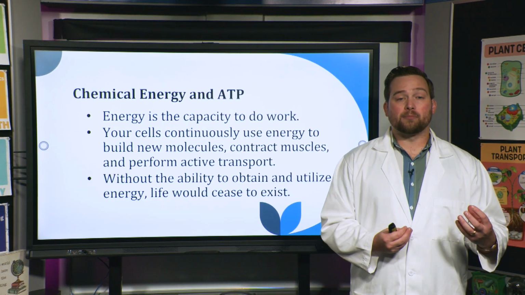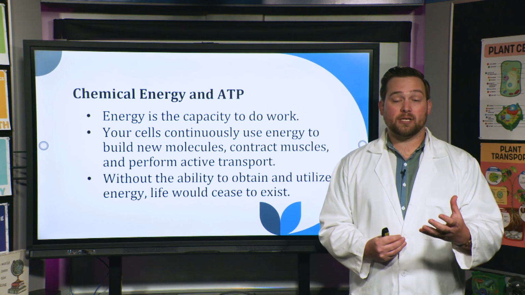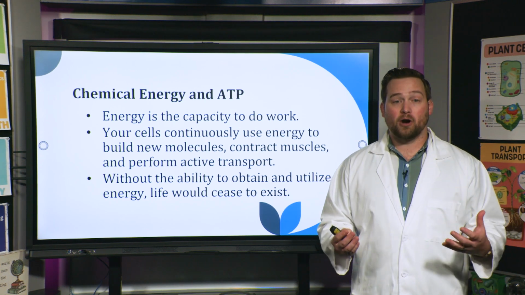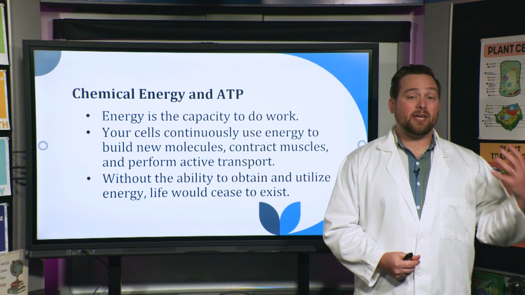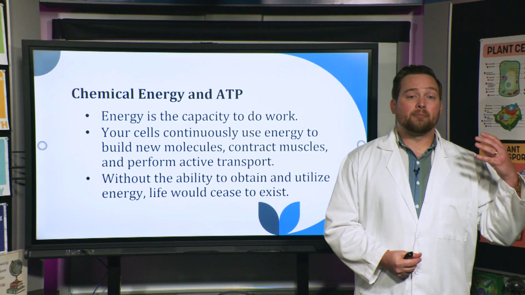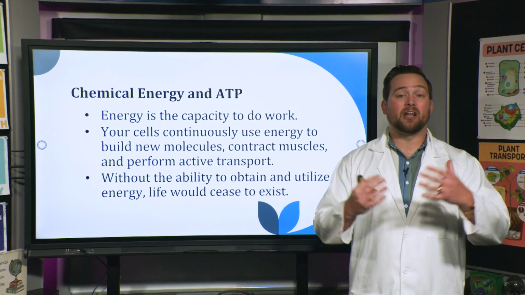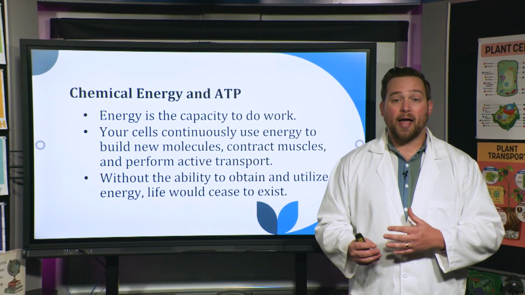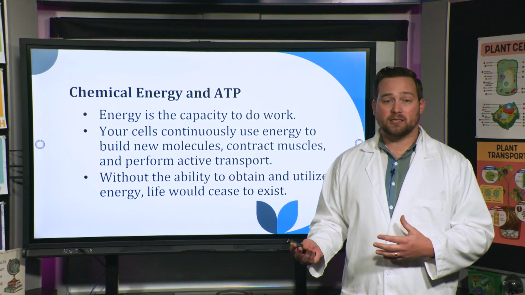So please remember that ATP is the currency that your cells need in order to perform any function. We really need that ATP because that's the form of energy that your cells like. Remember that energy is the capacity to do work. Cells have a lot of jobs to do. They're moving around, they're dividing, they're growing new organelles, they have a lot of life processes they have to do.